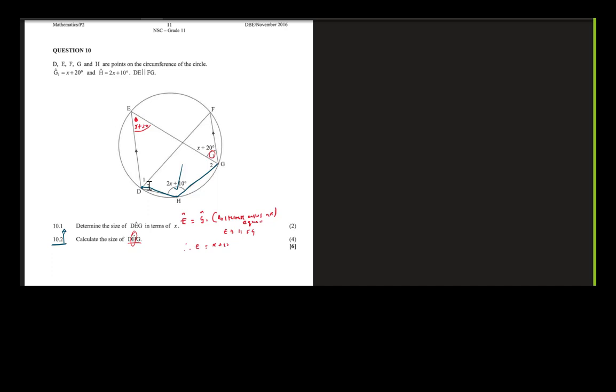Is there any way that the answer that you got at 10.1 can help you to solve 10.2? What did you get at 10.1? You found that angle E in triangle DEG is x plus 20. Is there any way this angle can help you? Perhaps in solving for x. Yes, how?